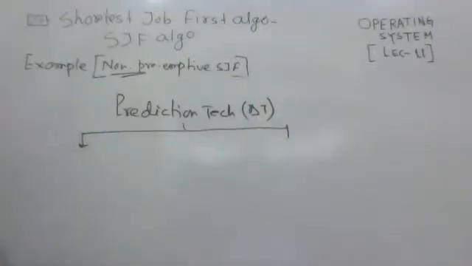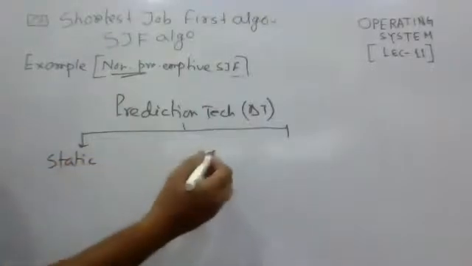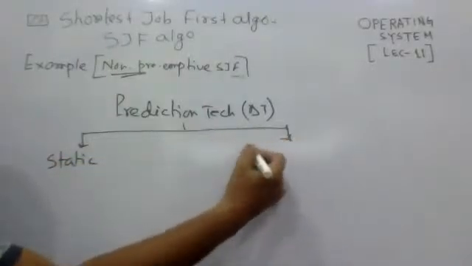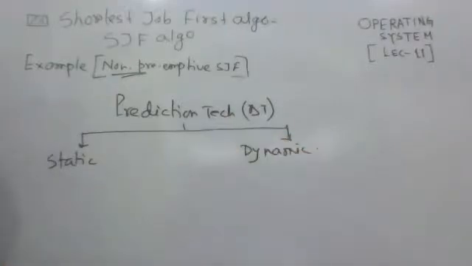We have a static technique and another is a dynamic technique. These techniques are not in our syllabus, so I will just say a few words on them, not in detail.